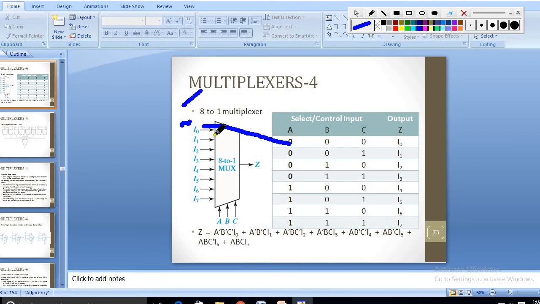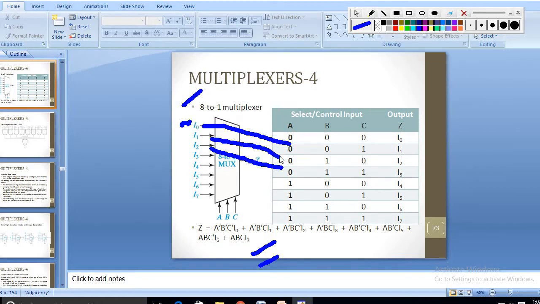If it is 0 0 1, it will select I1. If it is 0 1 0, it will select I2, like that. So A dash B dash C dash I naught, A dash B dash C I1. Like that you have to write the expression for this particular 8:1 multiplexer. Okay, is this clear?